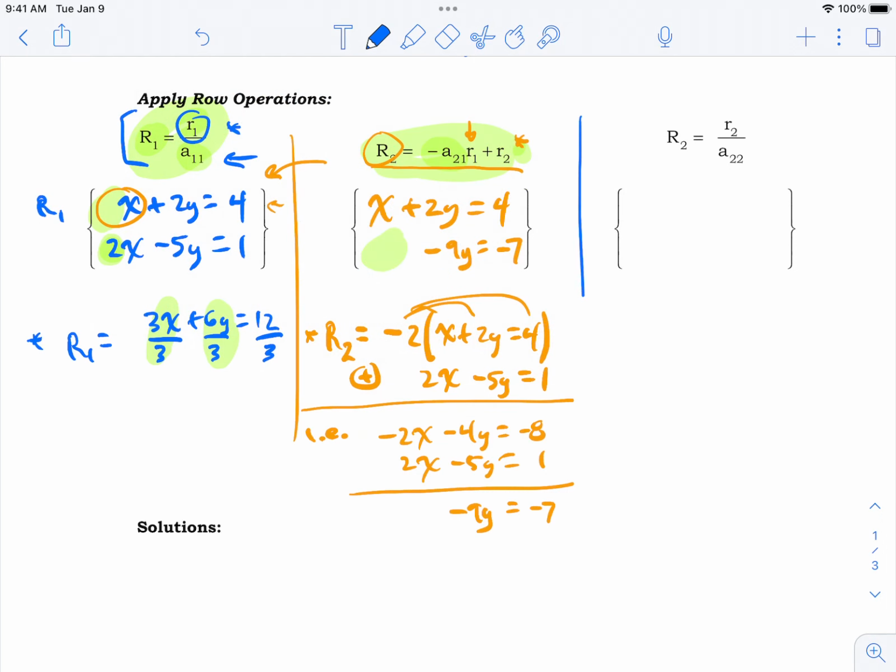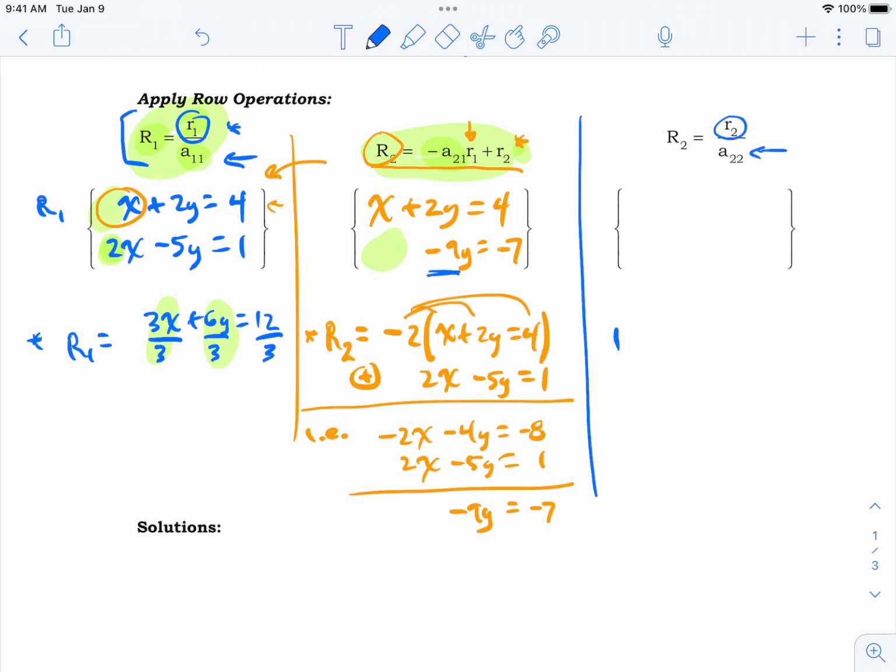Okay, now our remaining goal, our target now, is to make this into just y. So maybe you can see what we're doing here. We're going to take the old row 2, in other words, this equation here, and we're going to divide it by a sub 2, 2, which is this. Take the negative 9y and divide by negative 9. That's how you turn it into a y.